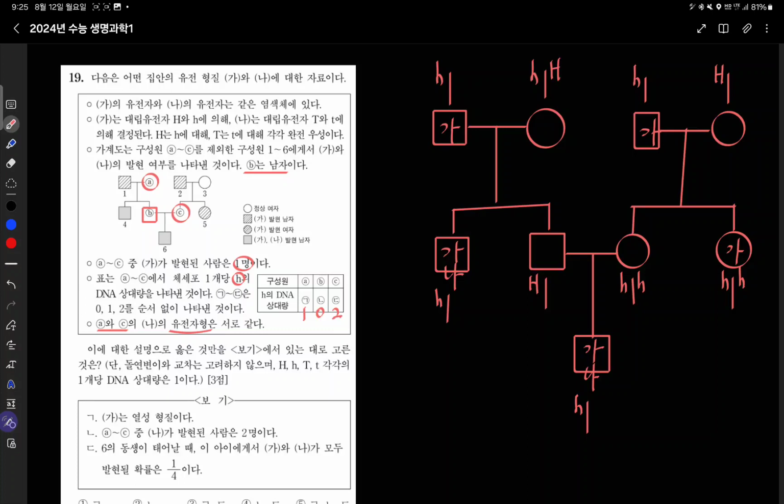So that means if the person has the second trait, he or she has lowercase t allele. So that means individual C has the chromosome lowercase h and lowercase t linked.